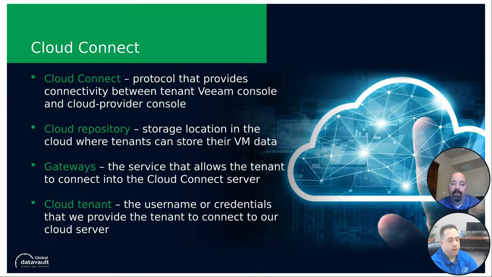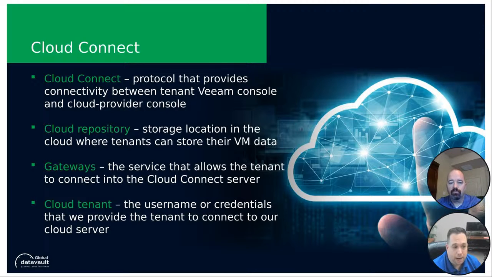So we hear a lot here at Global Data Vault, I want to get that Cloud Connect, or my Cloud Connect isn't working, or how much does Cloud Connect cost? Cloud Connect is actually a protocol that provides the connection between the tenant and the Veeam console on the provider side.